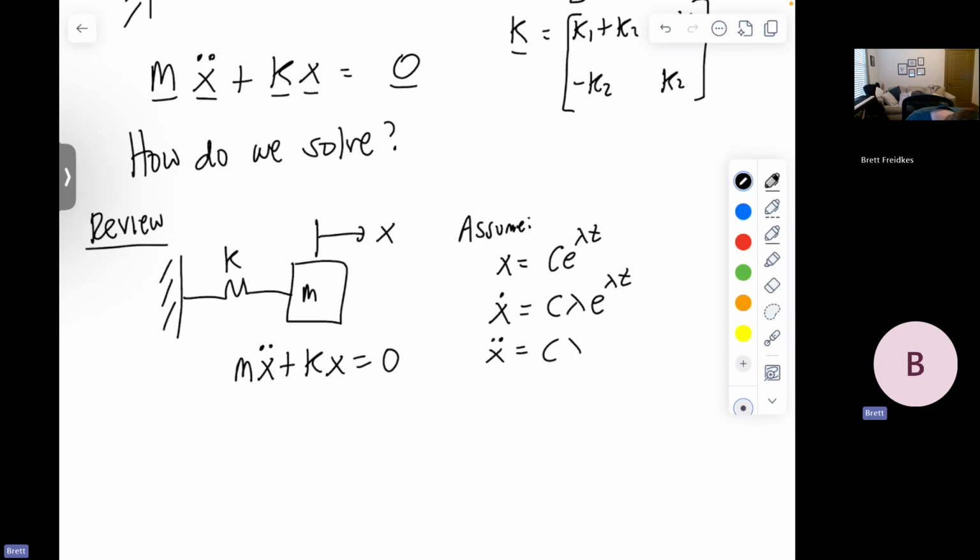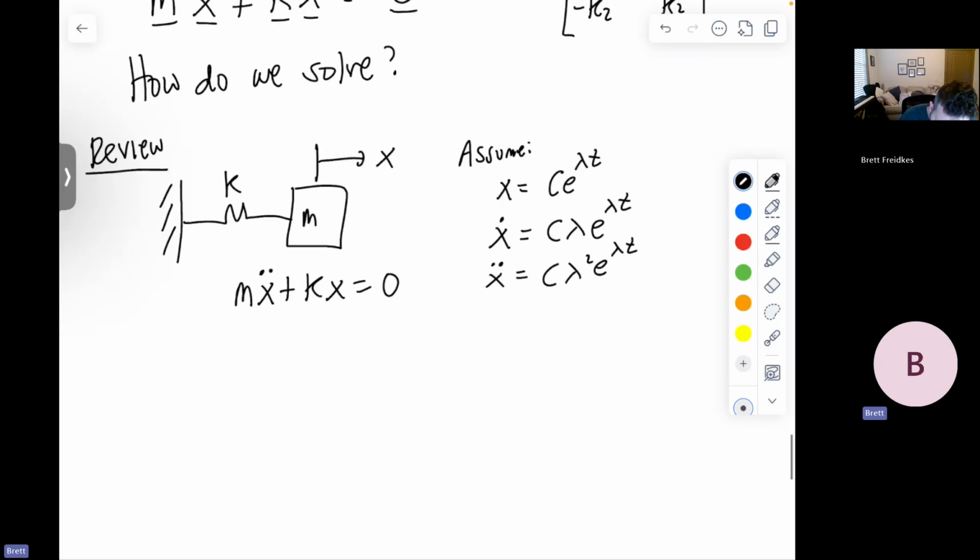I think I have another video that goes through this and explains. But once we have those expressions for our acceleration and our position, we can plug them in. You can see I'm plugging in x double dot and x into this.